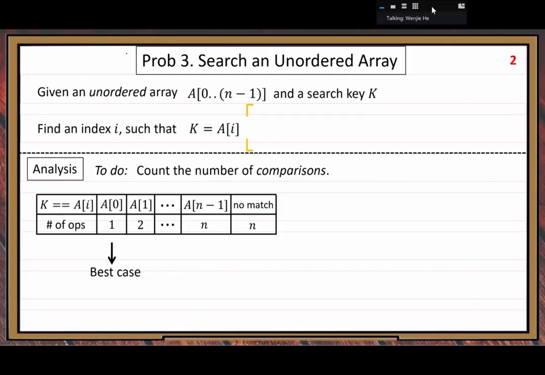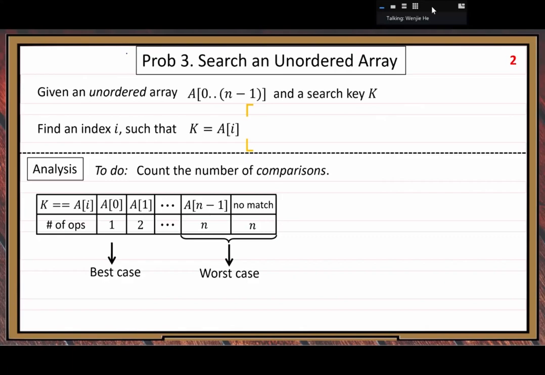Then for the last two cases, the largest number of comparisons we need to use, we call it the worst case. Worst case efficiency. So these are two concepts: best case efficiency and worst case efficiency. But if people ask you, what is the overall efficiency?